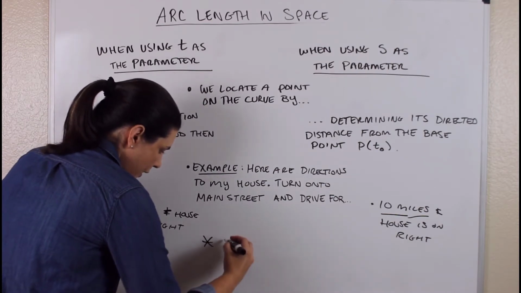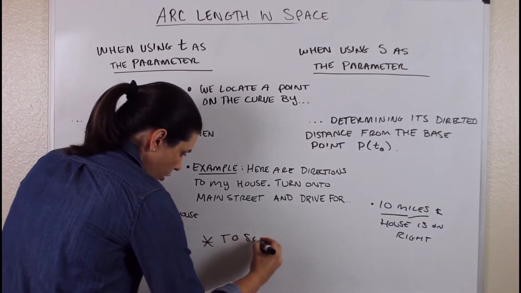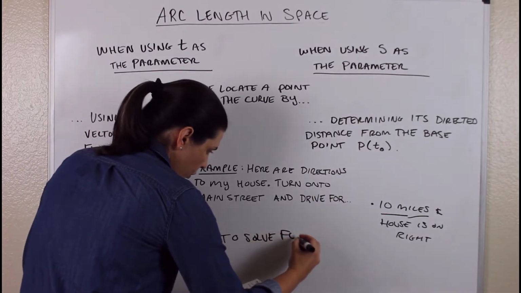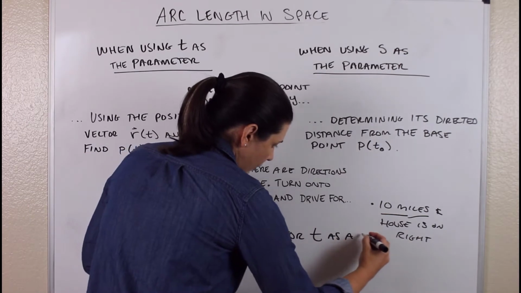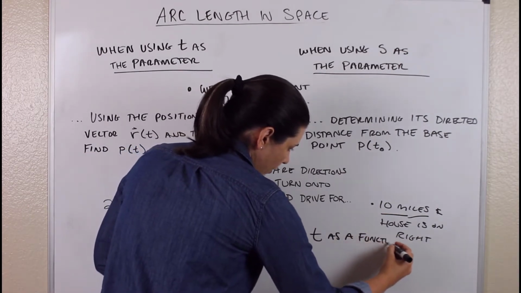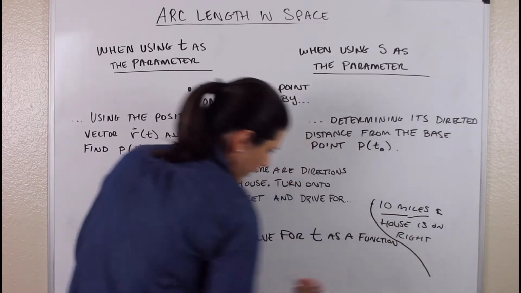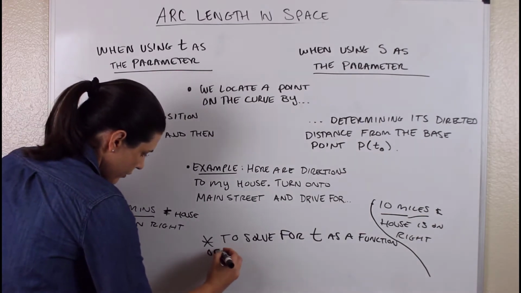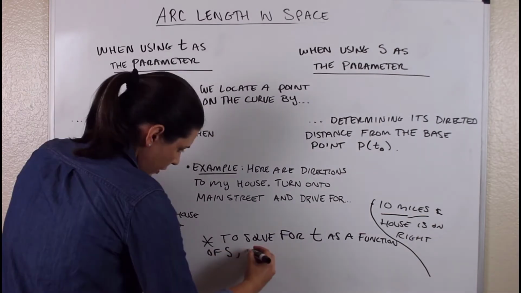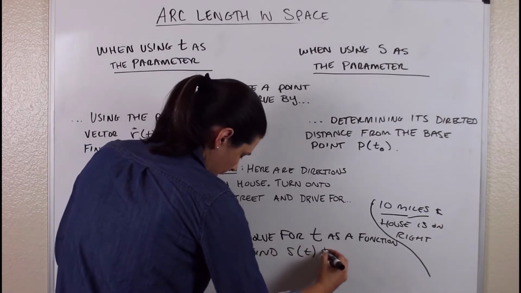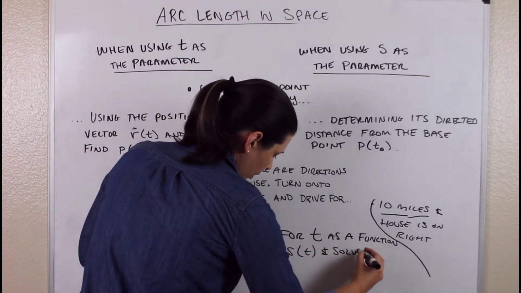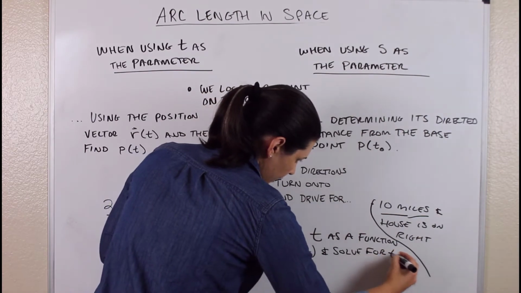So let's say to solve for t, and this is going to be as a function of s, so let's get that in there: function of s, find s of t and solve for t.